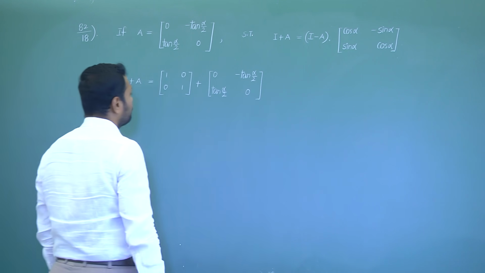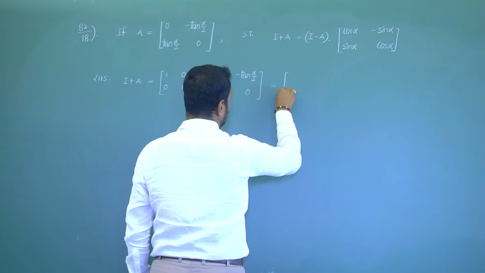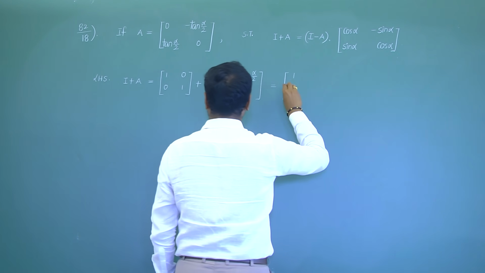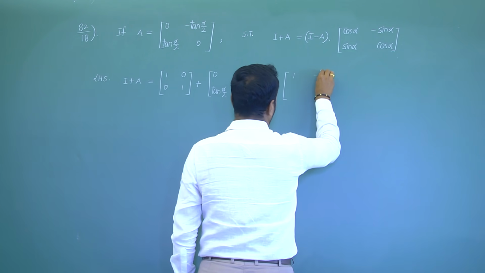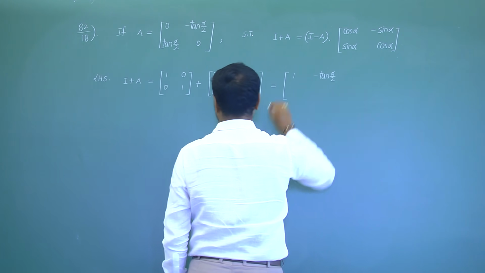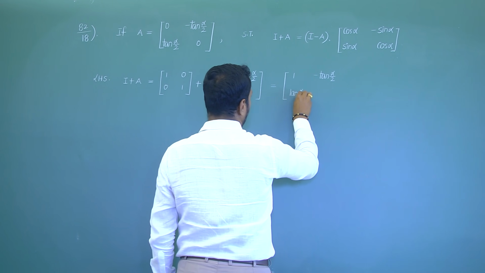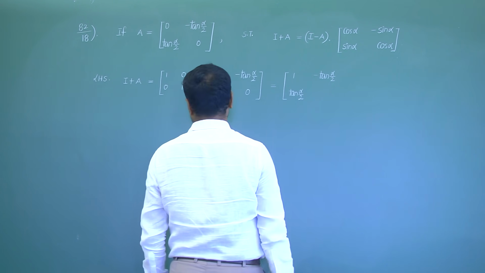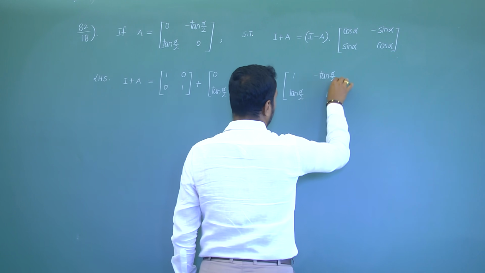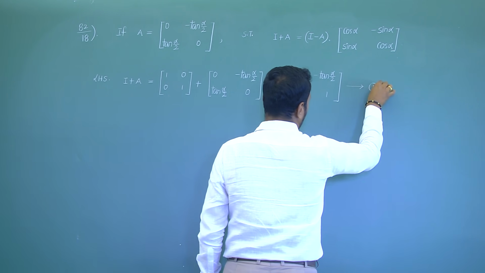If you add the corresponding elements, then 1 plus 0, 0 minus tan alpha by 2, 0 plus tan alpha by 2, 1 plus 0, it is 1. So this is equation 1.